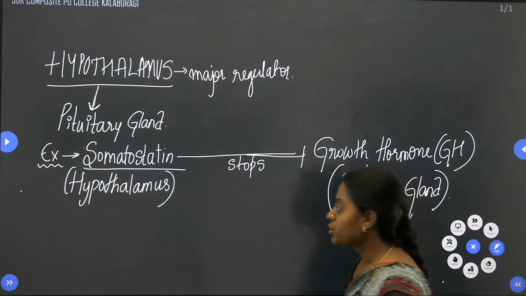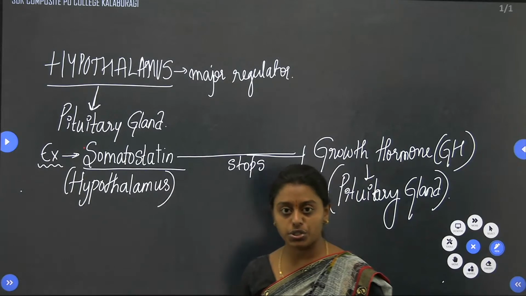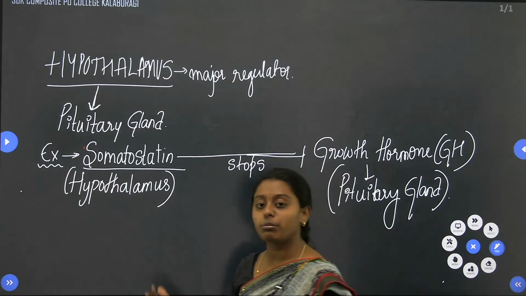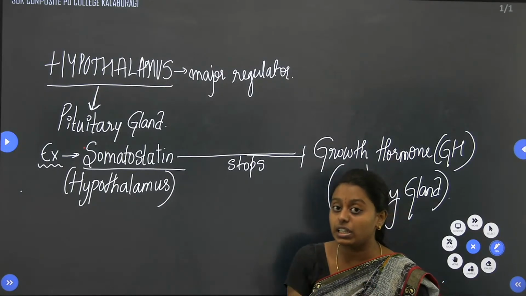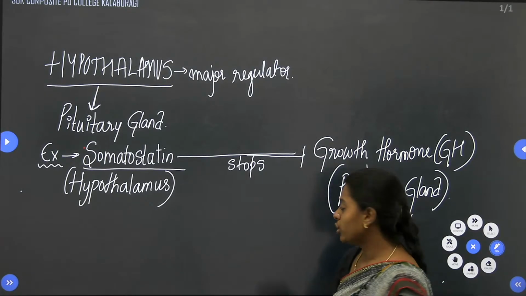This is one example of how the hormones secreted by the hypothalamus act on the hormones released by the pituitary gland.